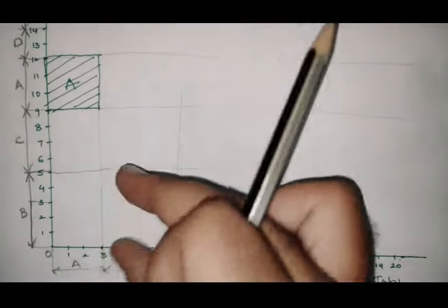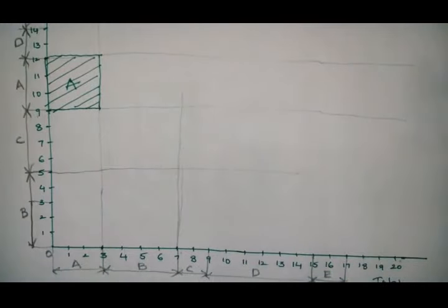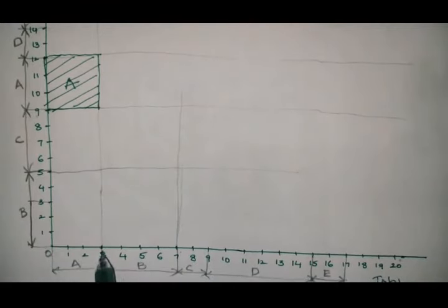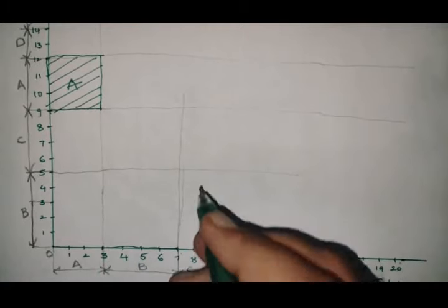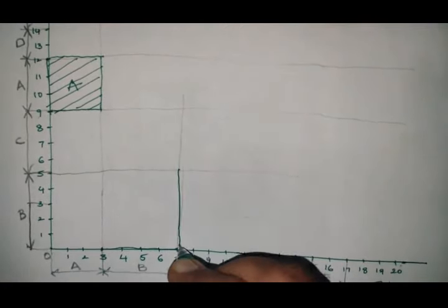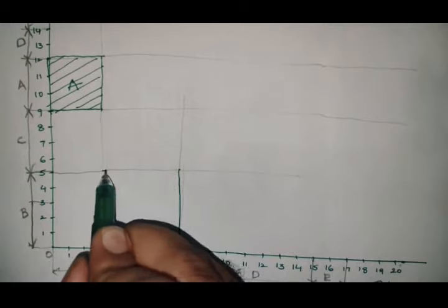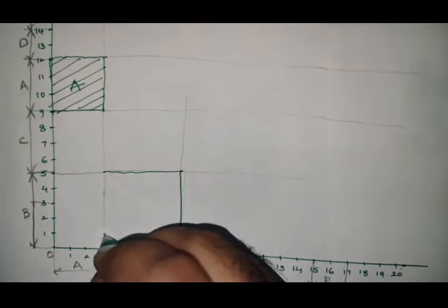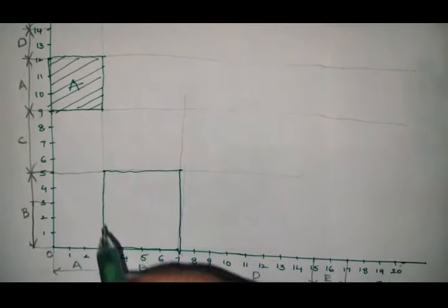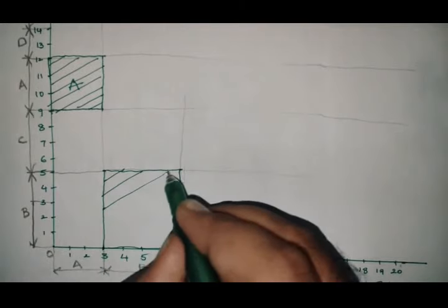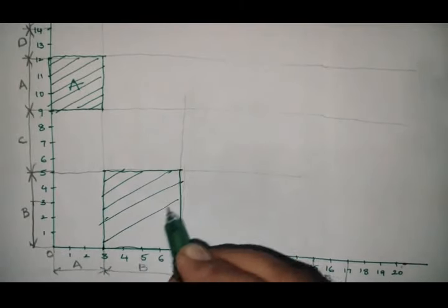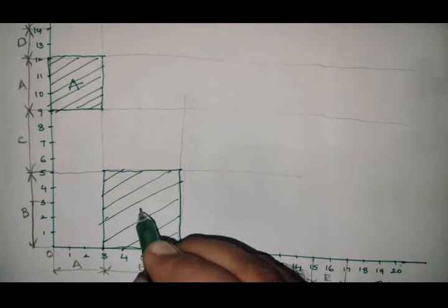For job 2 is this one. For job 1 is this one. So now what is the common region? So the common region of mission B for both job 1 and job 2 is this one. So now hatch this part. This one is B.